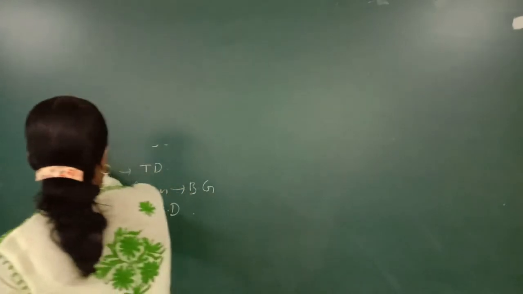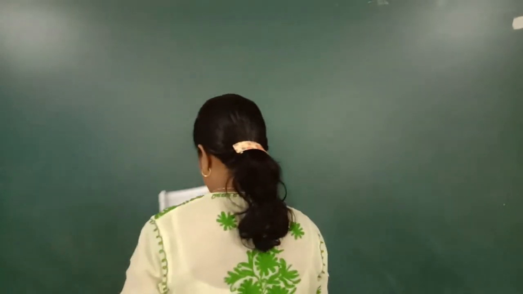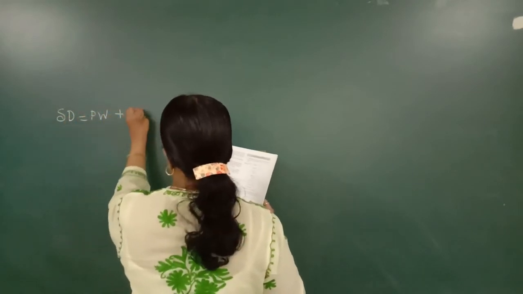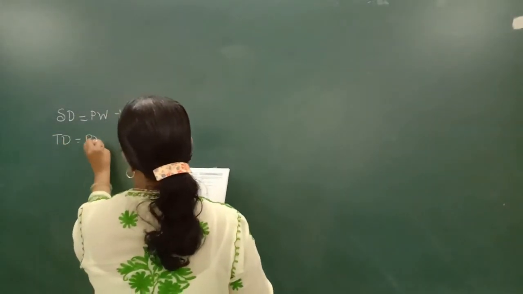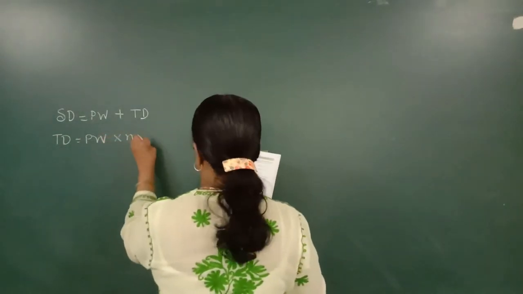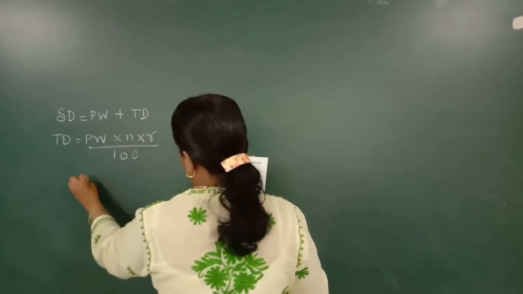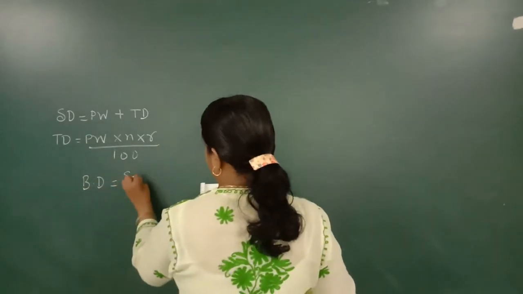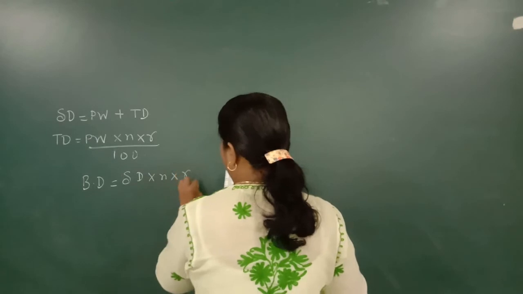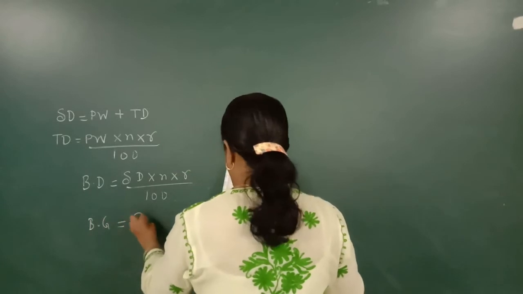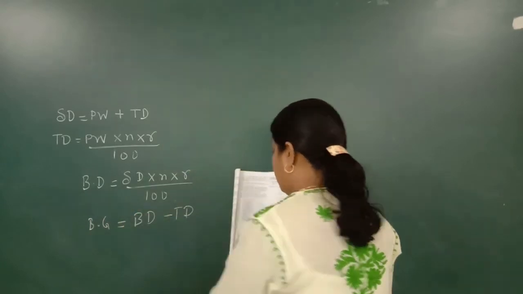Now formulas, list of formulas you write down. Sum due कैसे कैलकुलेट करेंगे? Present worth प्लस ट्रू डिस्काउंट. अब इसके लिए ट्रू डिस्काउंट जरूरी है. ट्रू डिस्काउंट आपको सिंपल इंटरेस्ट का फॉर्मूला याद है, PNR अपॉन 100. सेम PW into NR अपॉन 100. बैंकर्स डिस्काउंट. अब बैंकर्स डिस्काउंट फेस वैल्यू पे कैलकुलेट होता है. सम ड्यू इनटू N इनटू R अपॉन 100. बैंकर्स गेन कैसे कैलकुलेट होगा? बैंकर्स डिस्काउंट माइनस true discount.